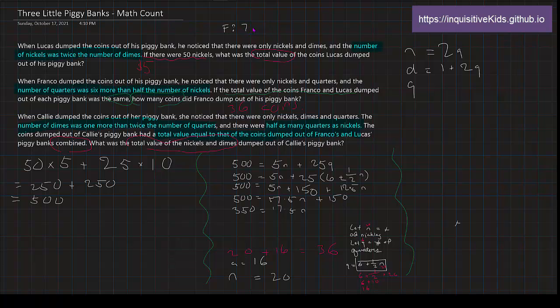Franco's was 20 times 5 plus 6 times 25. 16 plus 20 times 25. Here it became 100 plus 400, which also equaled 500, which is also $5.